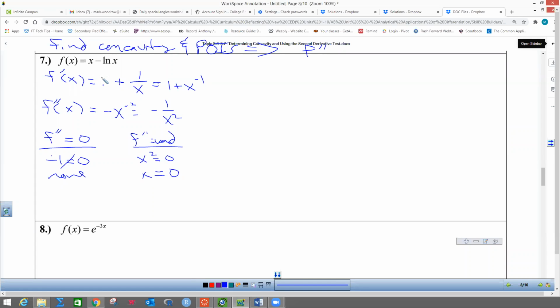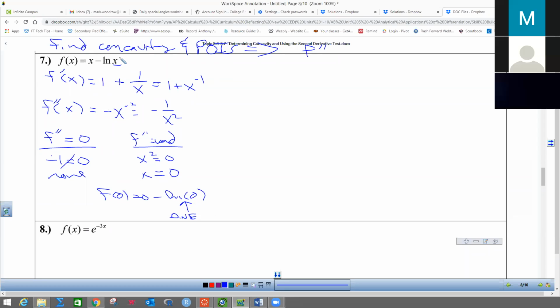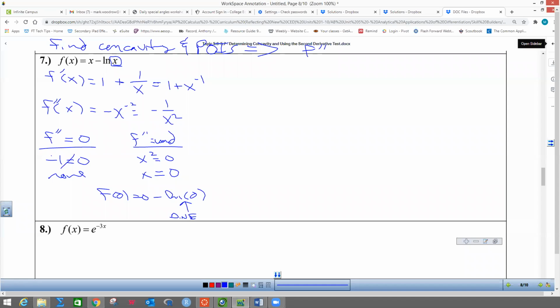Now this one's a funky one. To find the POI, I would be plugging 0 in up here, right? But we have a little bit of a problem, because if I do f of 0, that would be 0 minus natural log of 0. Well, this does not exist, because one of the rules for natural log is that whatever is after the natural log has to be greater than 0.